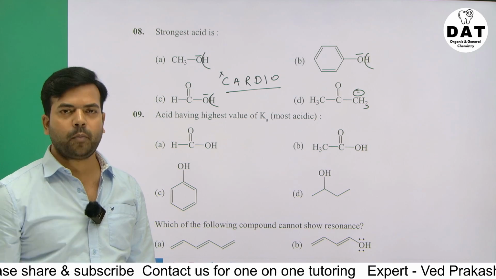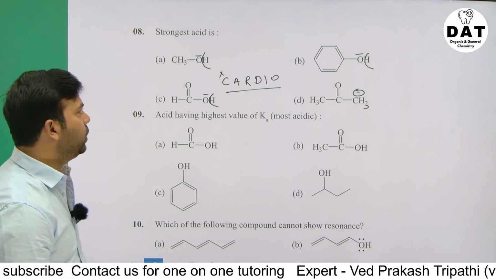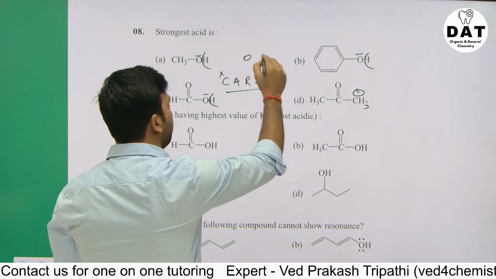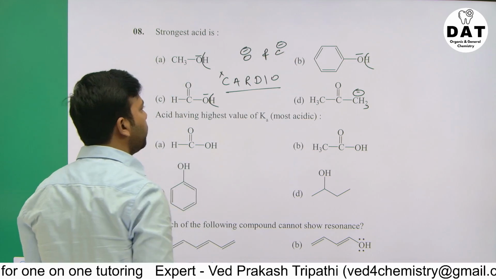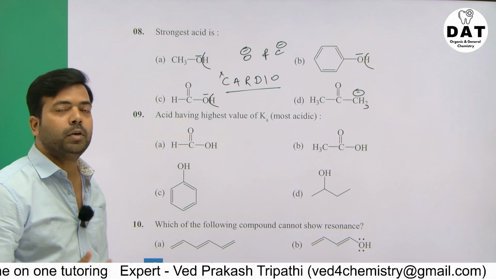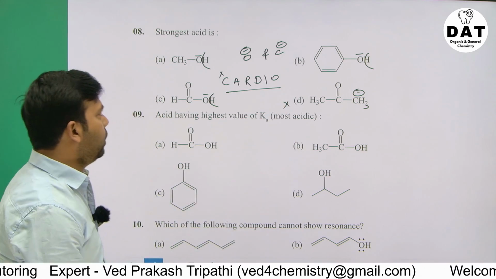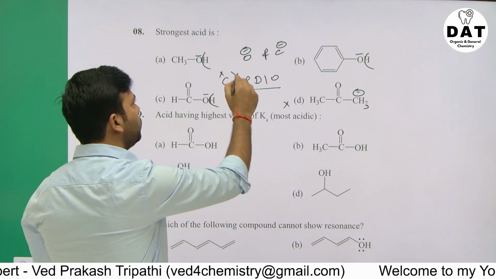And if you're moving top to bottom, size increases and acidic strength also increases. So here you have two different kinds of atom. One is oxygen and one is carbon. Oxygen and carbon, they both have negative. Clear? So oxygen is much better than carbon, so D fails here, because the rest of the options have negative on oxygen. So atom is going to fail.